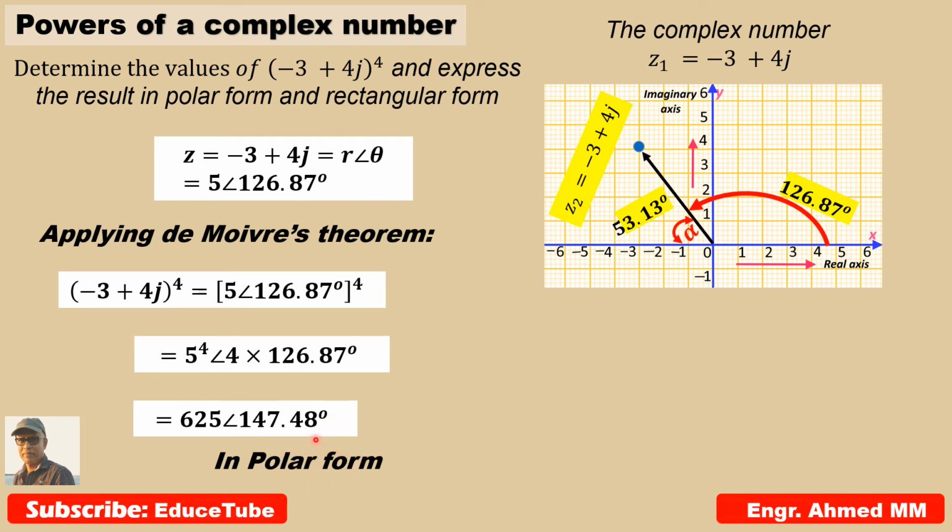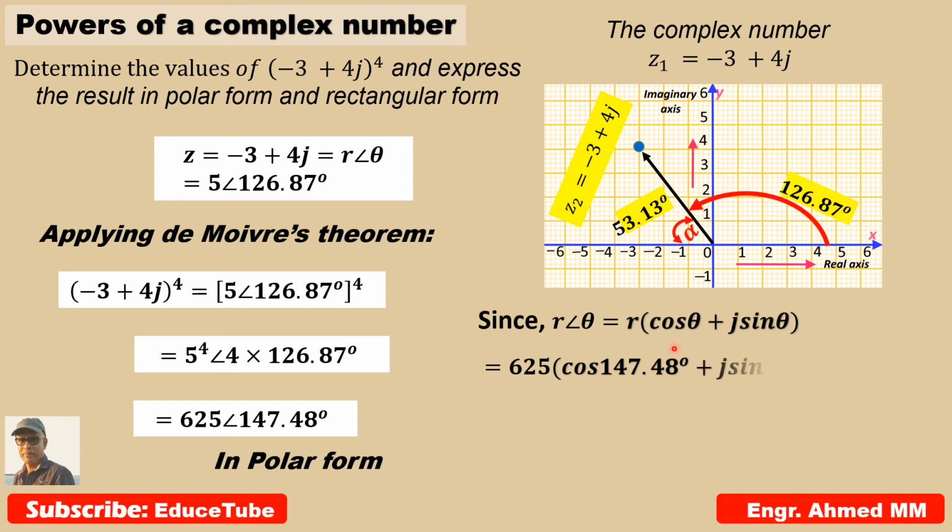So we got it, because here it says express the result in polar form. Now it asks to get it in rectangular form. So what to do? We have to bring this to r cos theta plus j sin theta.